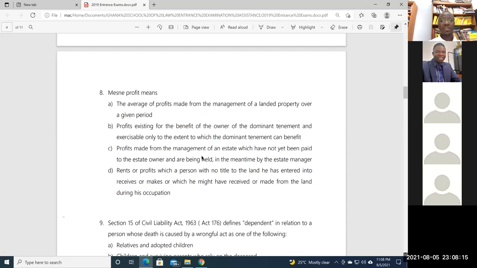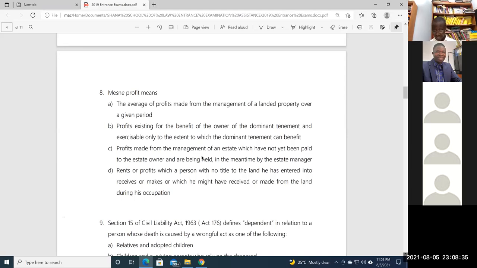D, rents or profits which a person with no title to the land he has entered into receives or makes, or which he might have received or made from the land during his occupation. Good. So D is the correct answer.